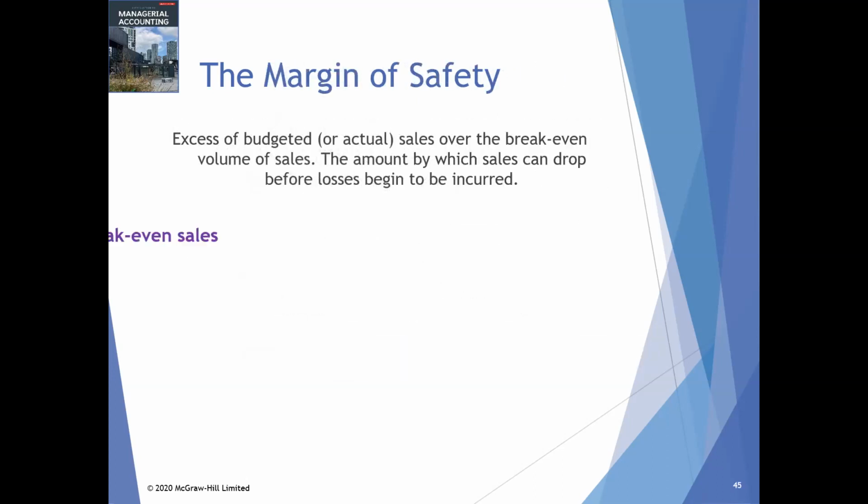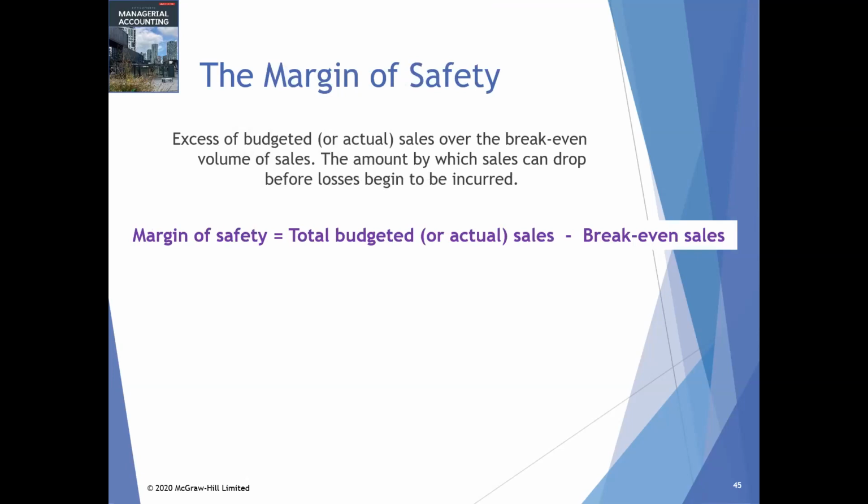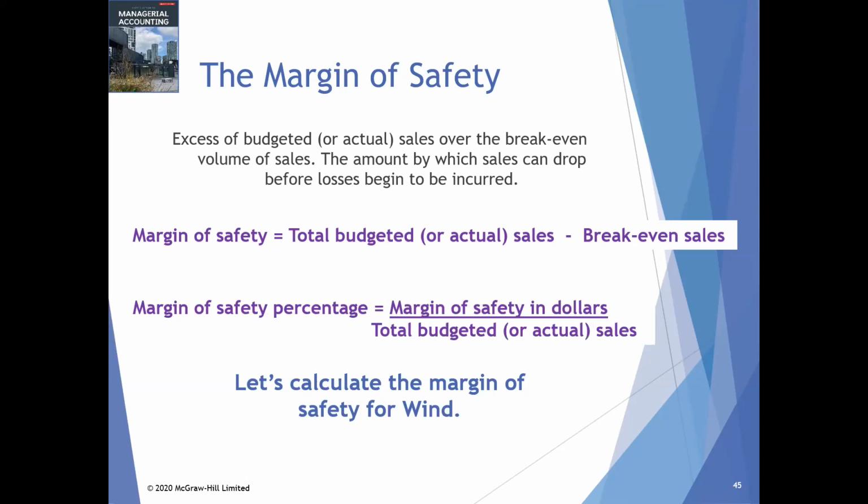The margin of safety. So what is the margin of safety? Margin of safety is the excess of budgeted sales over the break even volume of sales. It means the amount by which the sales can drop before losses begin to be incurred.